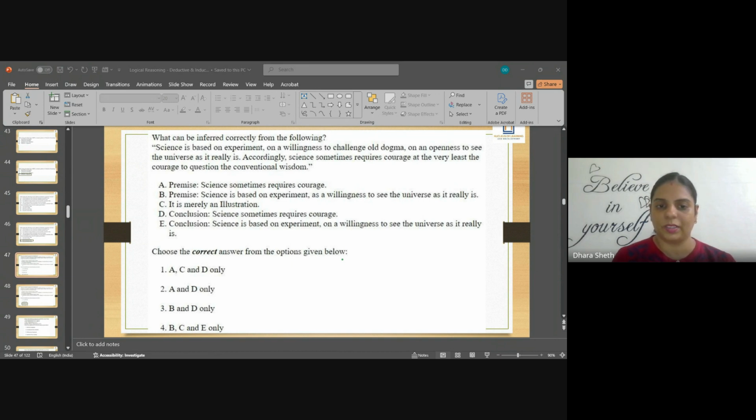There are two premises. There's a statement that says it's just an illustration, it's just an example, and there are two conclusions. Out of this, which combination of statements do you think is true?